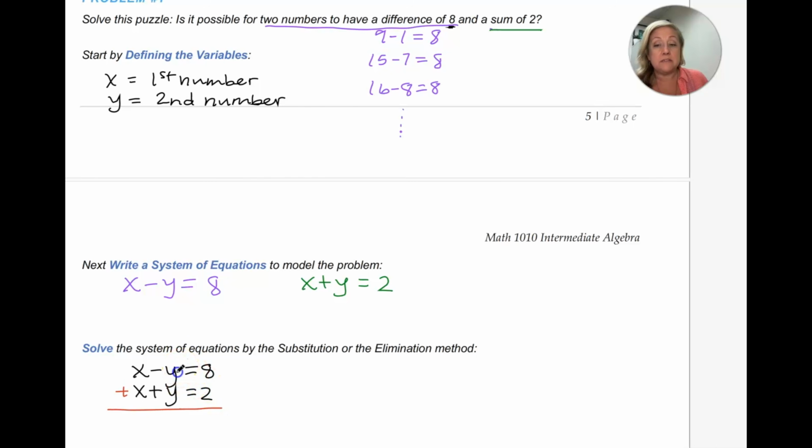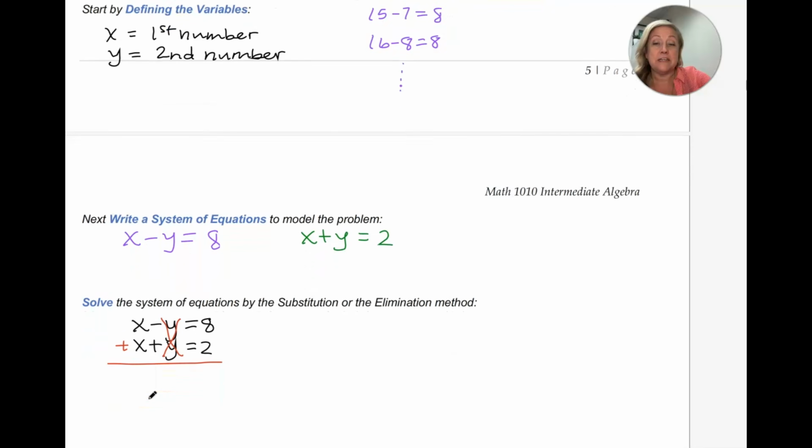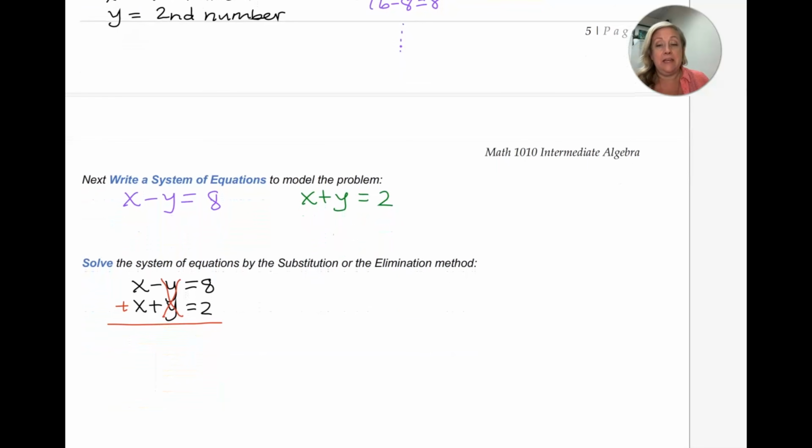My y's already eliminate. I don't have to do any work to get that to eliminate. So what do I end up with here when I add these together? Well, I'll get 2x equals 10. And then I need to divide by 2 to get x by itself. So x equals 5.